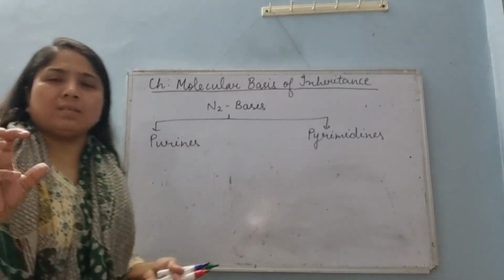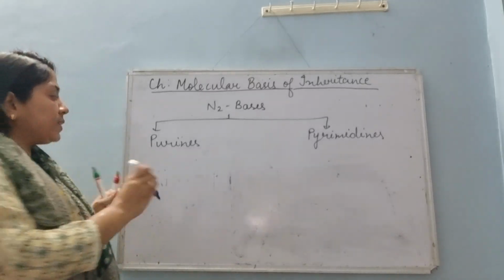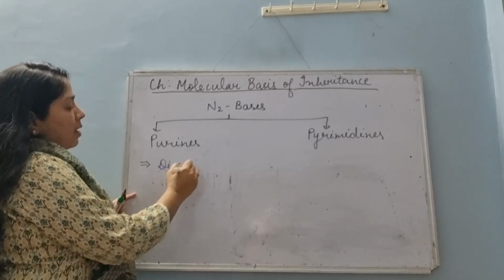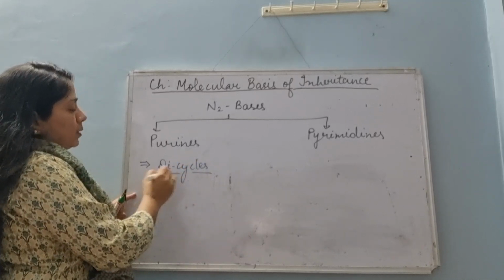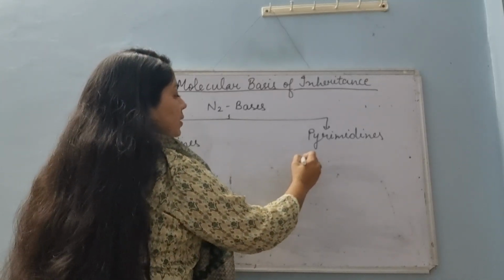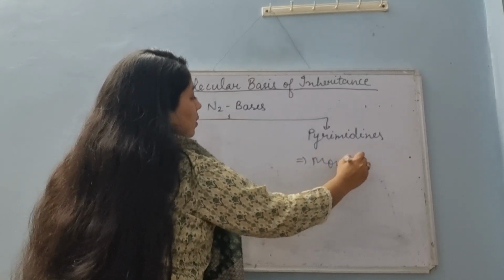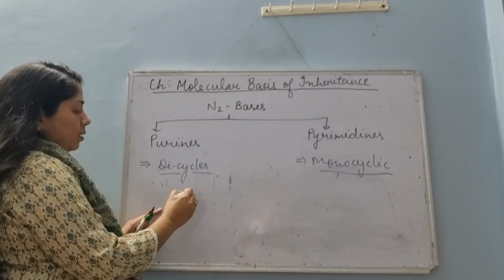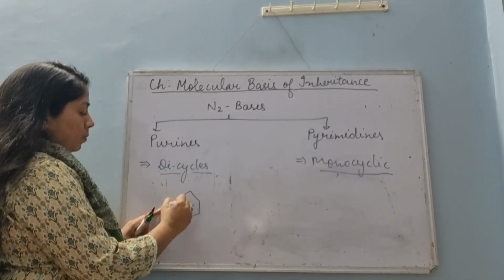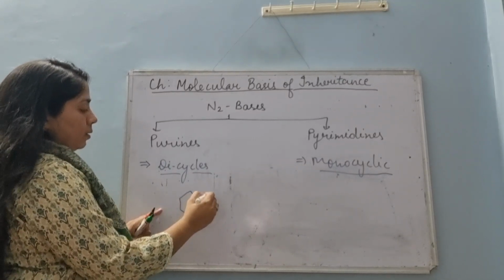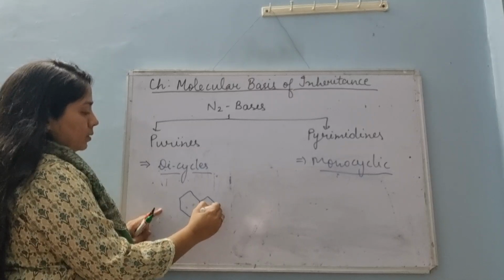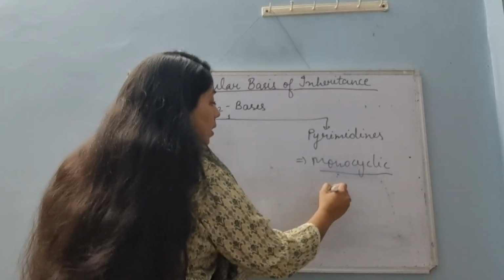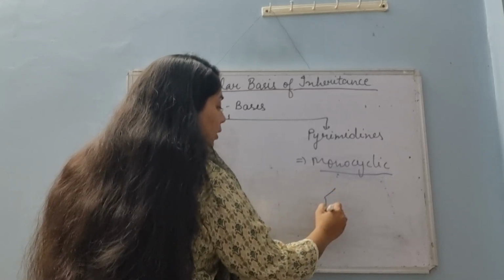If we see their basic difference, purines are dicyclic. They have 2 rings, and pyrimidines are monocyclic. They have 1 ring. Dicyclic means they have 1 ring and then a second ring. This is the dicyclic structure of purines, and this one is monocyclic, composed of only a single ring.